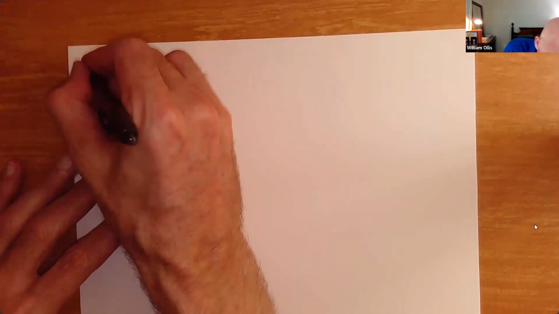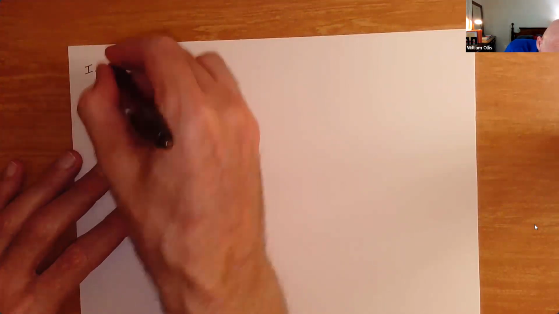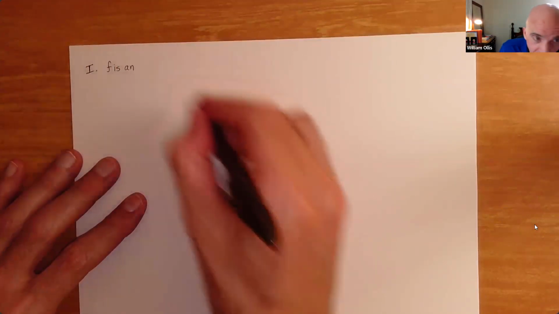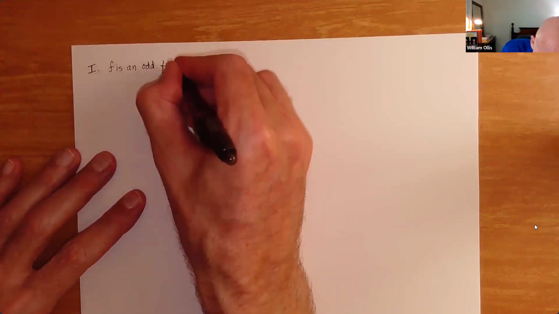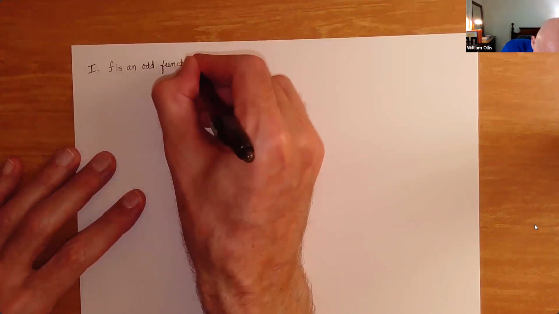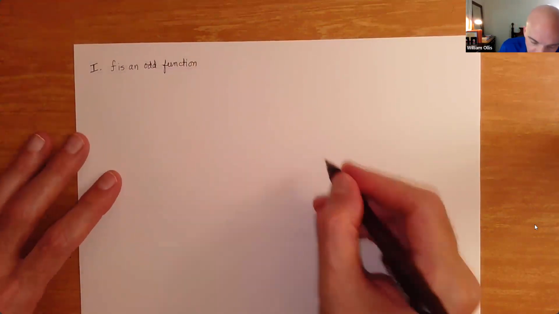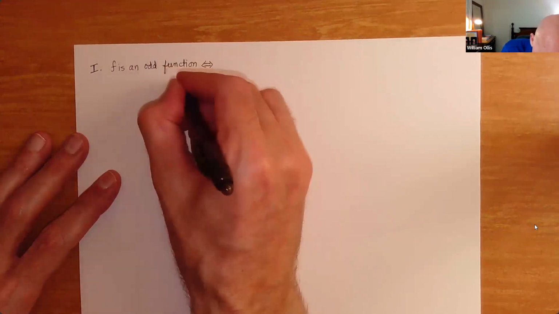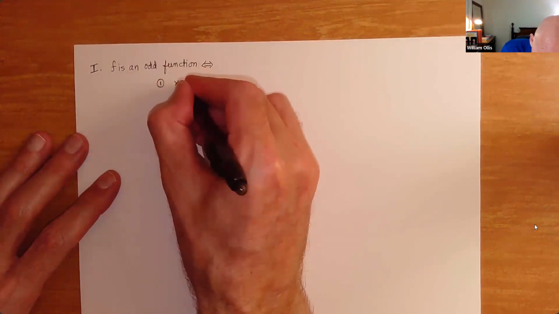So number one, I'll just do Roman numeral 1. f is an odd function. And sometimes, if we're just short on words, we'll just say f of x, or f is odd, and we know what we mean, if and only if number 1, x element of the domain.